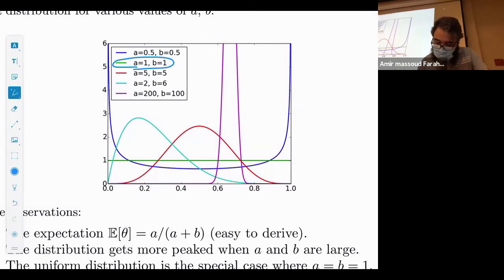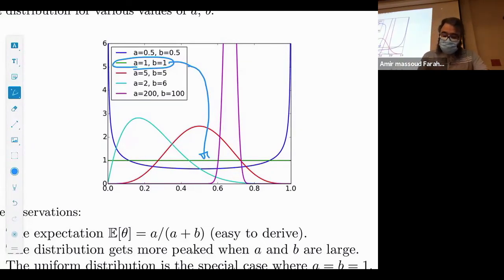So it becomes uniform. If you choose A and B equal to 1, it specifies a uniform distribution. Another value, for example, is A equals 5, B equals 5. This looks like the red curve, which is concentrated around 0.5, and the probability decreases as we go toward 0 or toward 1.